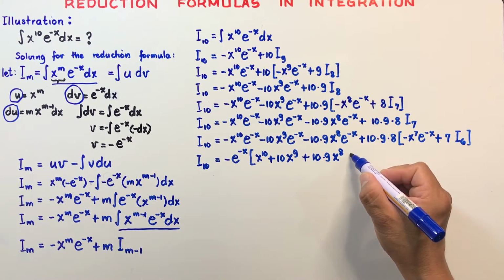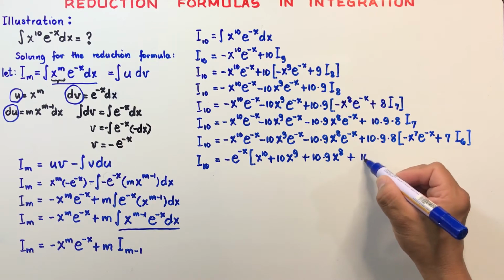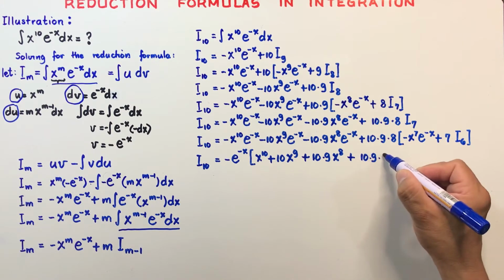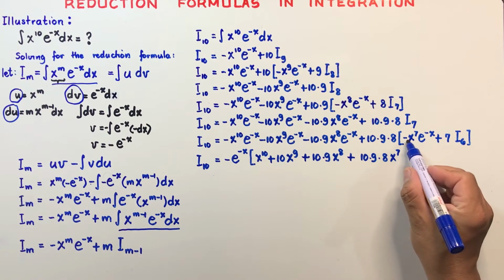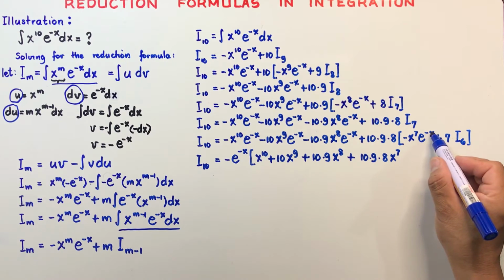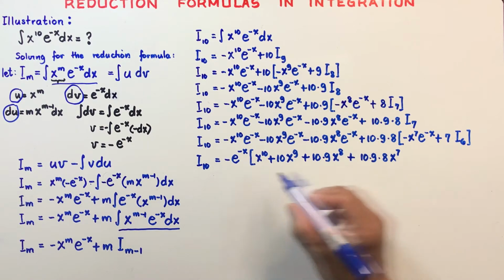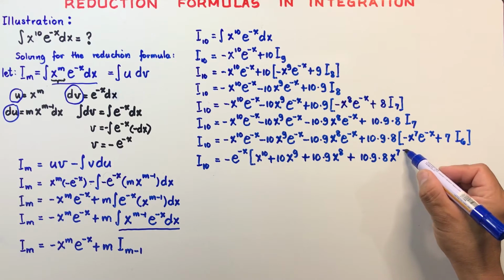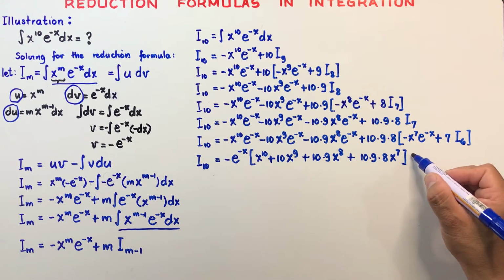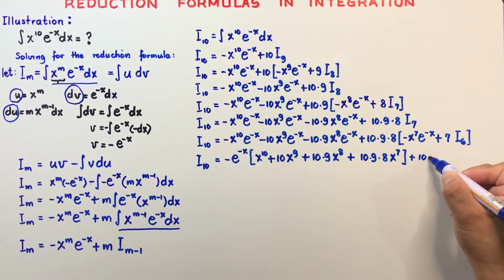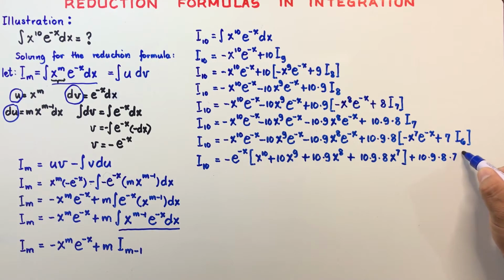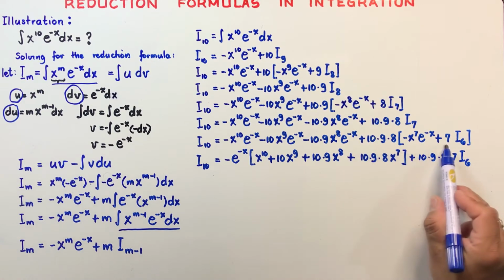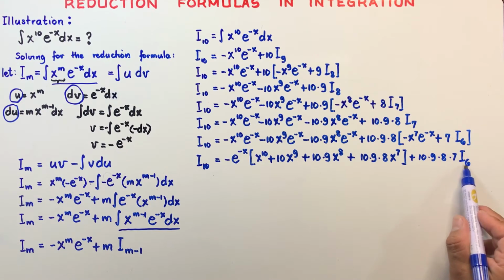So we have this one plus 10 times 9 times 8 times x to the power 7, because this negative of e to the negative x will be factored also here. And then we close this one. So this will be added by 10 times 9 times 8 times 7 times I sub 6, because this one will be multiplied to 7 I sub 6.